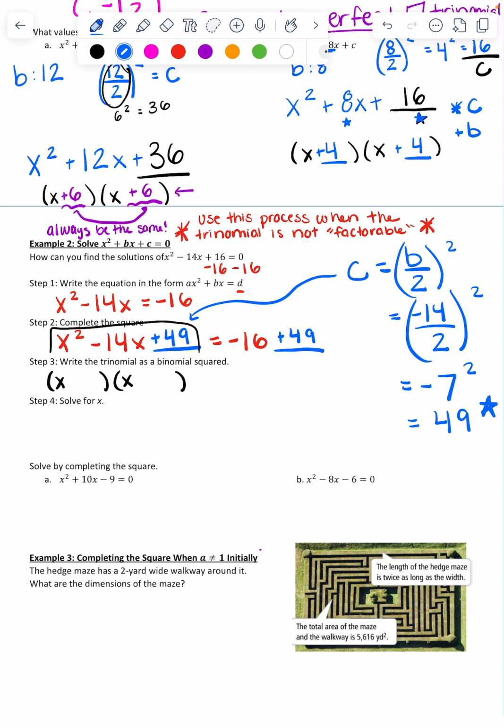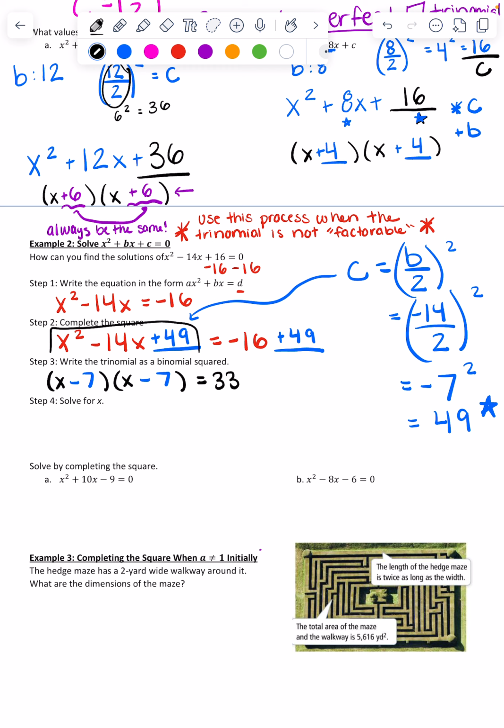That is negative 7 and negative 7. That is a perfect square trinomial. On the right-hand side, we have to do some simplifying. Negative 16 plus 49. Let's see, I'm going to get my calculator out. And looks like we are getting positive 33.